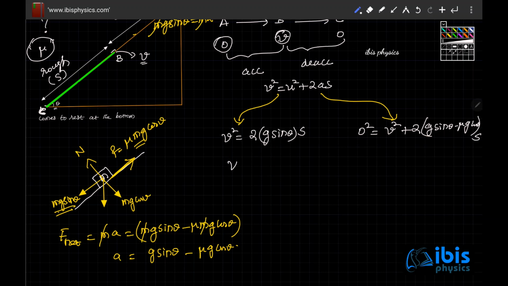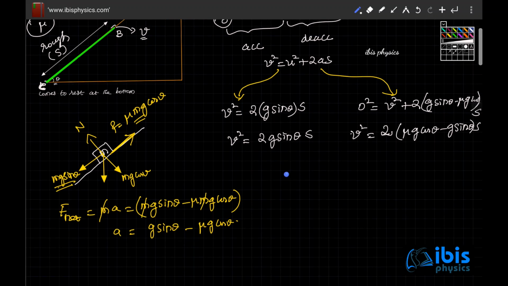Here v square is equal to 2g sin theta s. Also, v square equals minus 2 into g into (sin theta minus mu cos theta) into s, that is, 2g (mu cos theta minus sin theta) into s, because when v square comes to this side it becomes negative. Since the left hand sides are equal, the right hand sides will also be equal.